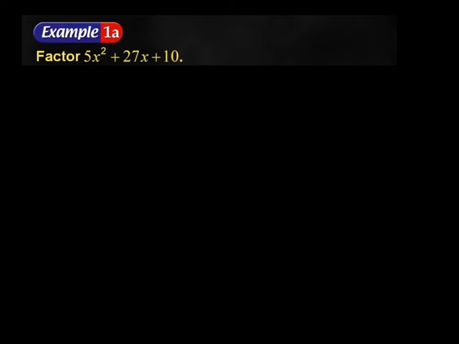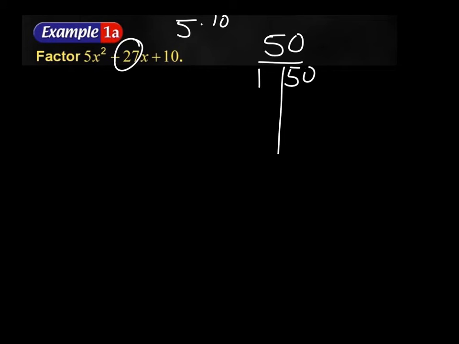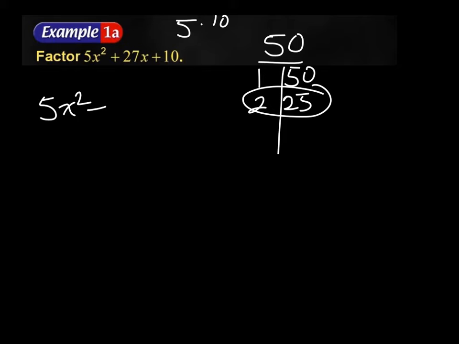Okay, so here we go. We want to find factors of 50, 5 times 10, to give us a sum of 27. So I could start all the way at the beginning. Oh, that didn't take long. There's my 27. So I could rewrite that as 5x squared plus 2x plus 25x plus 10.